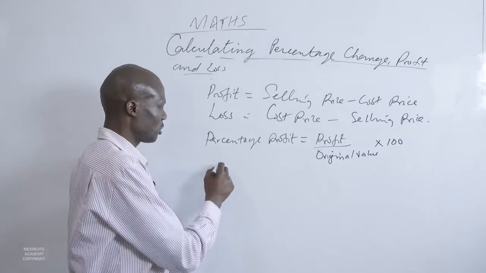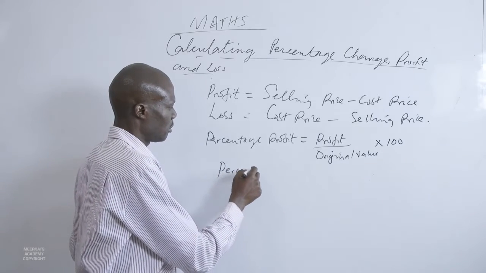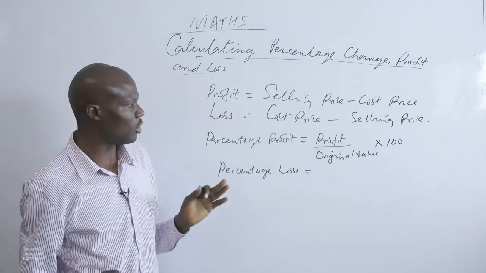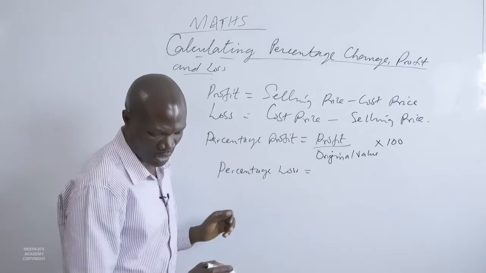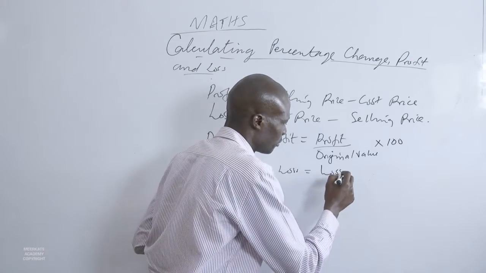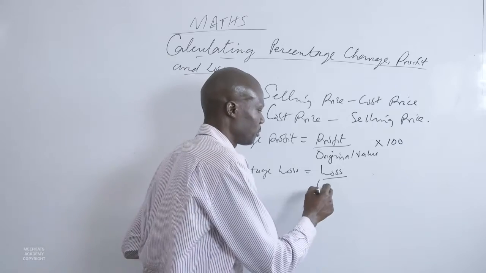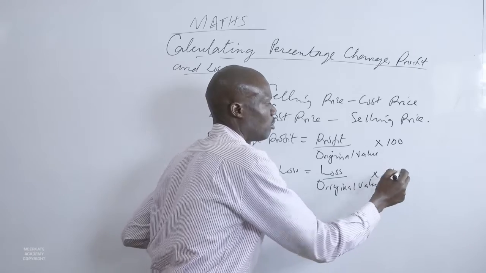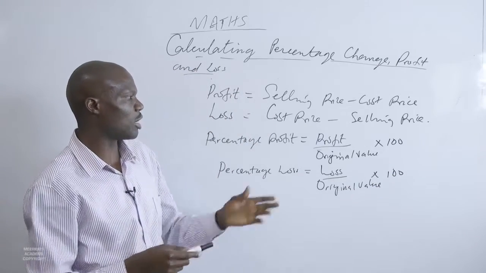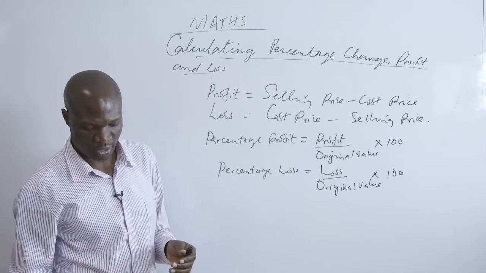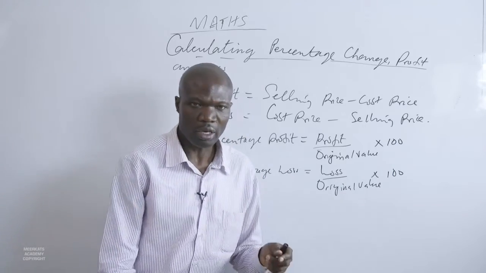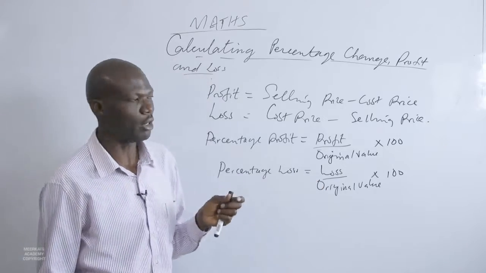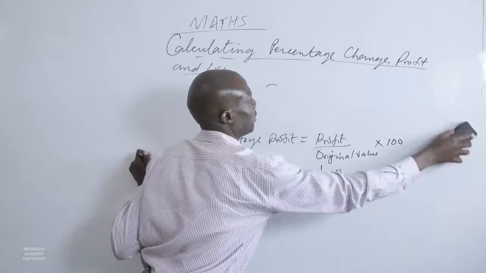For percentage loss, this one is going to give us the loss over the original value multiplied by 100. So this is the percentage profit, this is the percentage loss. Now let us approach this from the practical point of view by looking at various questions.